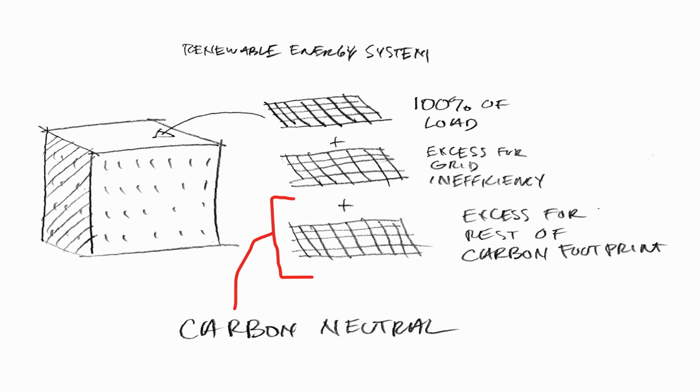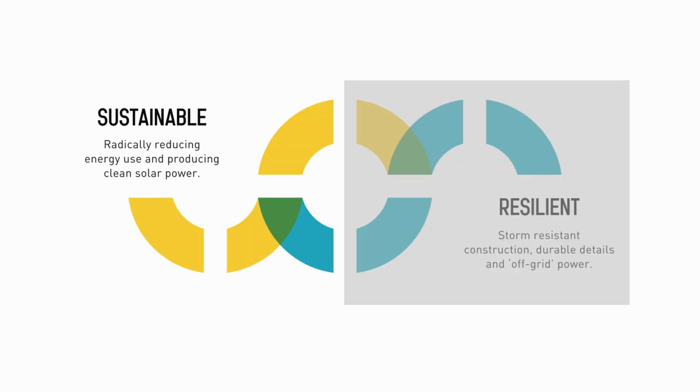It's hard to say exactly what carbon neutral would be because that's a complex calculation, but the point is that we headed well in that direction with the project. Okay, so we established that we were sustainable at a very high level, both through design and simulation, but also through testing.